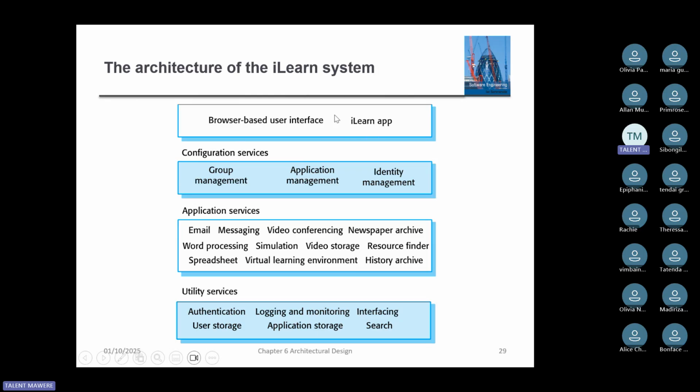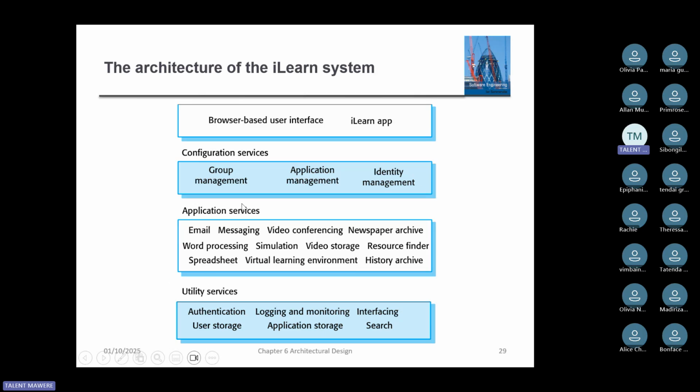You open it on a web browser. But below it, we have configuration services. Configuration services include group management, application management, and identity management, where users need to verify themselves and so forth.